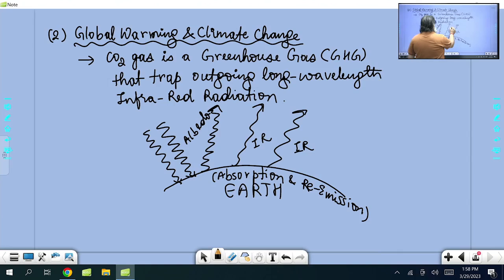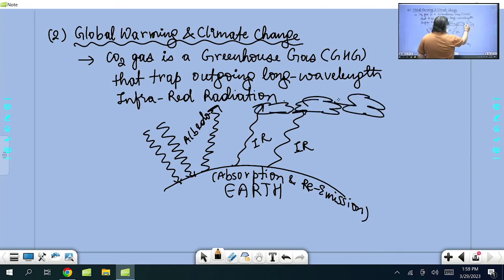Now the greenhouse gas, carbon dioxide, will not allow this long wavelength radiation to pass through. It will absorb it and not allow it to cross. It acts almost like a blanket. Now what will happen?